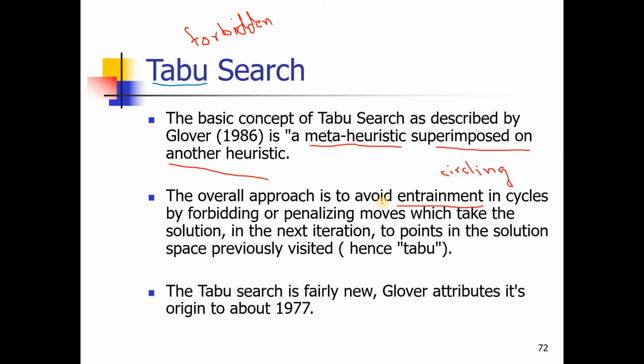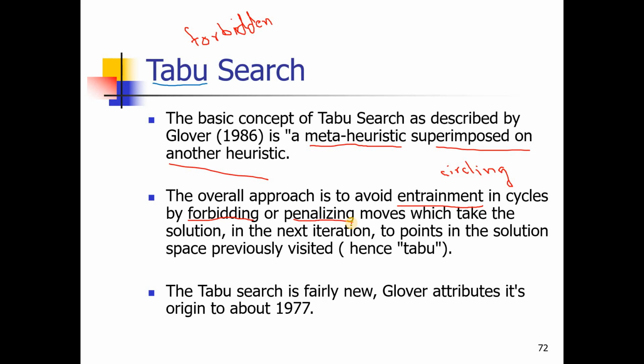Circling in cycles means you keep on looping in the old states. You have already seen them and you keep on going back to those states. So you avoid circling in the older states by forbidding them, or you put a penalty.